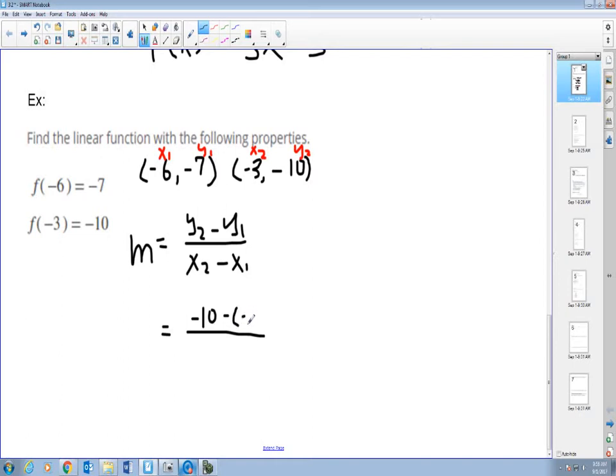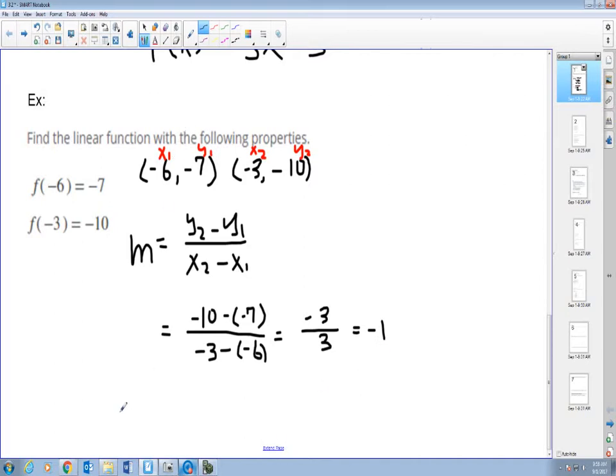So that would be -10 subtract -7 over x2, which is -3, minus x1. x1 is -6, so that will be subtracting a negative 6. So this is going to become -10 + 7, which is -3, over positive 3. So the slope of my linear function is going to be -1.